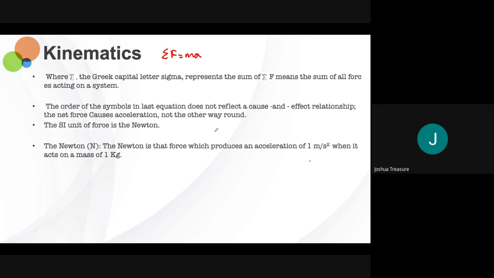All right, so the Newton is that force which produces an acceleration of 1 meter per second squared when it acts on a mass of 1 kilogram. That's the definition of 1 Newton. Now, from F equals ma, what is the unit for mass? Kilogram. And what is the unit for acceleration?